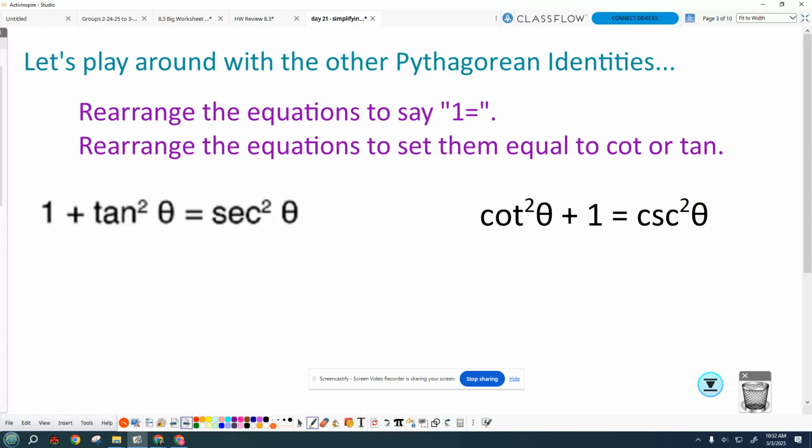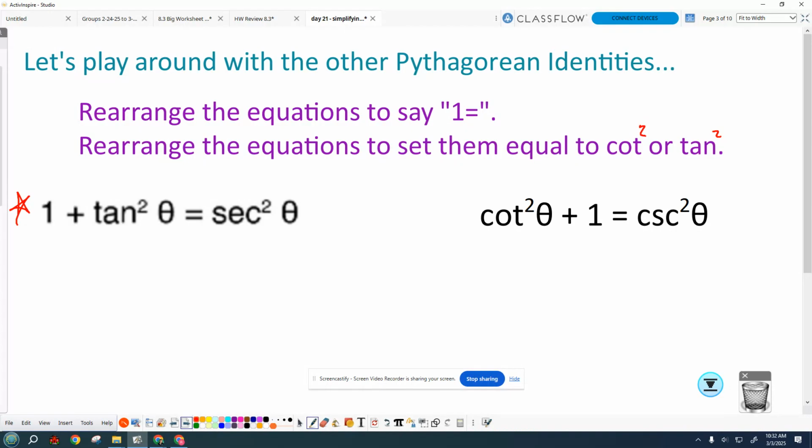I should make this say solving for tangent squared or cotangent squared. All right, so Nor, what can I do to this first equation to solve for 1? Move tan to the other side.